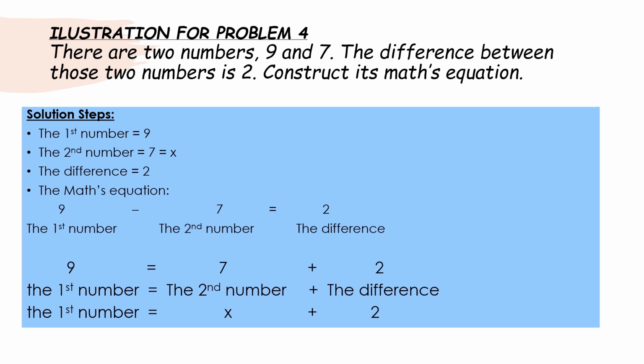According to that, we can change it into: the first number is x plus 2, x is the second number, and 2 is the difference. So now we're going to apply this math equation to problem number 4. Let's see question number 4 on the next slide.